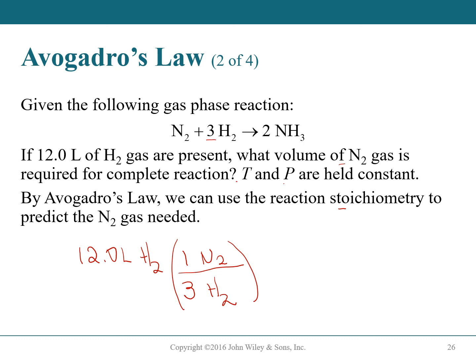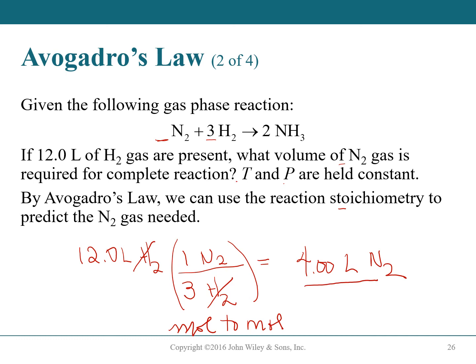And I'm basing it off the stoichiometry on my balanced equation. The hydrogens cancel out, so this is my mole to mole, because we're changing substances. And that tells us I only need 4, this is 3 significant figures, liters of nitrogen. So 12 liters of hydrogen react completely with 4 liters of nitrogen.